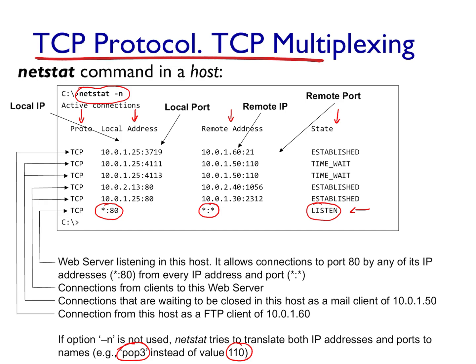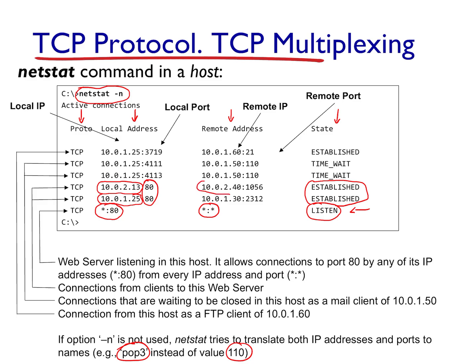If we go up, we can see that these 2 rows, these 2 TCP connections are established. So the TCP connections are sending data. If we go to our local address, we can see that they refer to the web server I have installed in my computer. This first one refers to one of my IP addresses, and the second one refers to the second IP address. Which are the other hosts that I'm connected to?